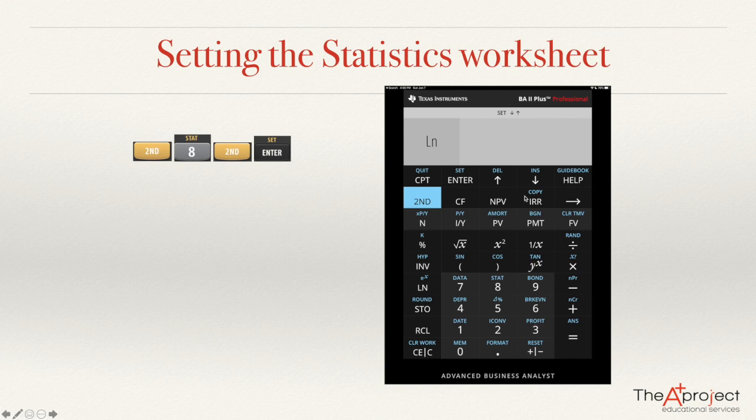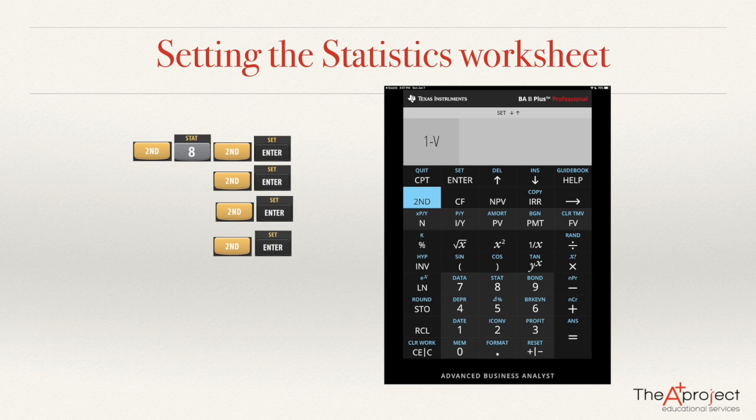So you can continue pressing the key second function set, and changing all these different modes that the statistics worksheet has. So let's continue pressing second function set, and you're going to see different modes. There are 5 different modes in this calculator. You should continue pressing second set until you reach the mode that you are looking for.